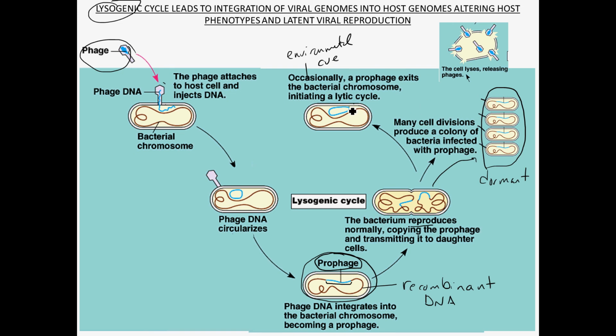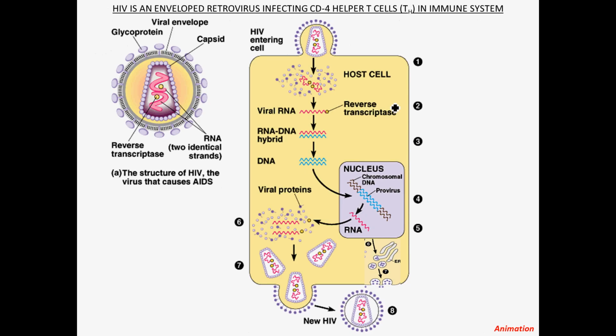It's going to be expressed, and you make more viruses, and then the cell is going to lyse and enters that part of the lytic cycle. So this is a tricky way that viruses can hide out in the host genome and then reproduce when there is some sort of environmental cue. So lytic versus lysogenic cycle, similar but different, especially the end of the lysogenic cycle is going to be pretty similar to the lytic cycle at the beginning.